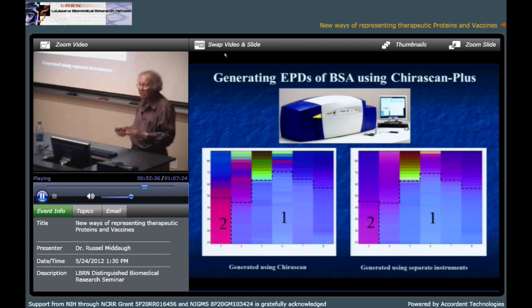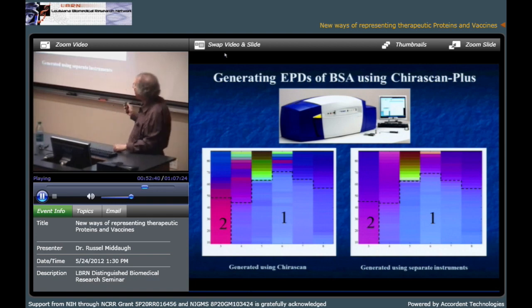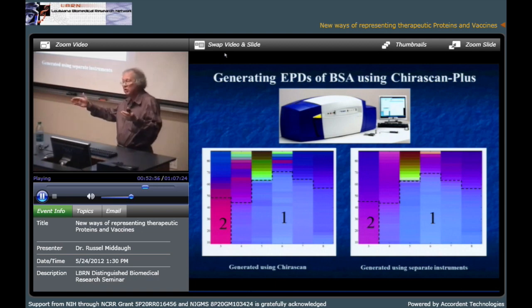I apologize, and I'm not going to say which I like more, okay? I don't want to advertise, but the original work was with Applied Photophysics and their Chirascan circular dichroism instrument. It's a very sensitive instrument, so you can scan from the far ultraviolet, which gets you secondary structure information, through the near ultraviolet in a single scan. It's the only instrument I know of that will do that. And that gives you tertiary structural information.